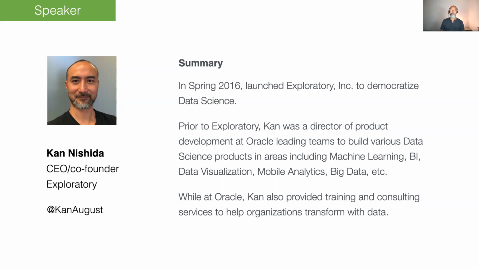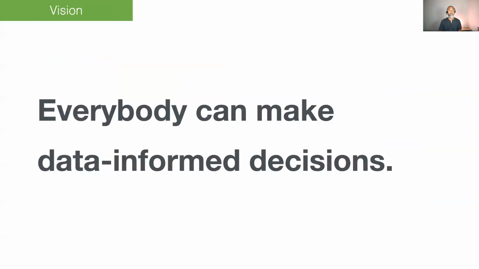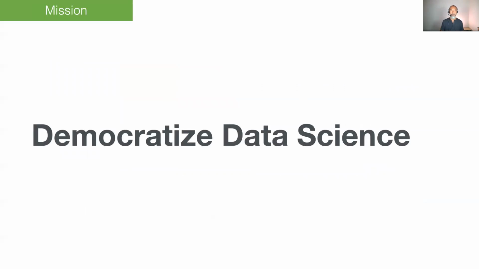We also provide training and seminars so that we can share our knowledge and skills, to make sure anybody should be able to use or employ data science methods. Our vision is that everybody can make data-informed decisions. We take this mission to democratize data science.